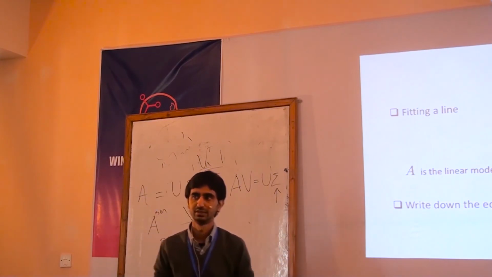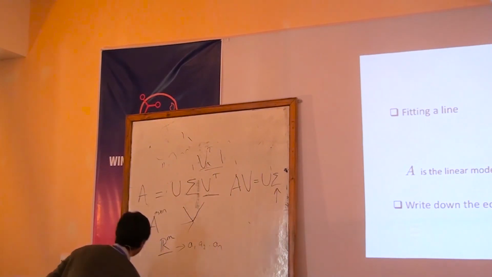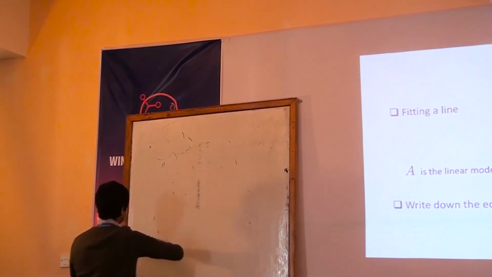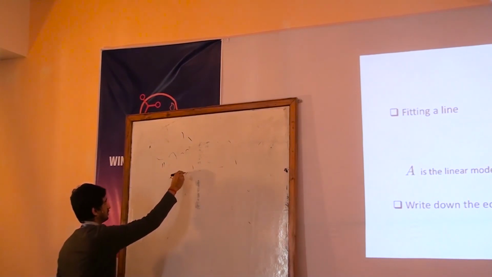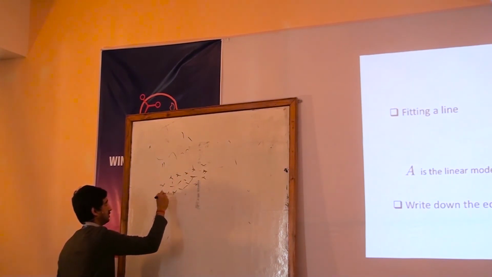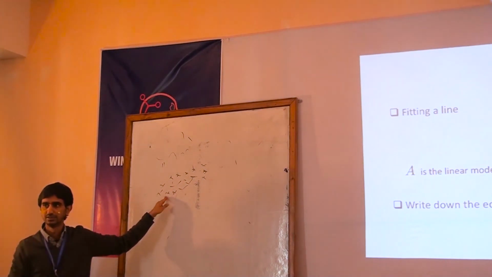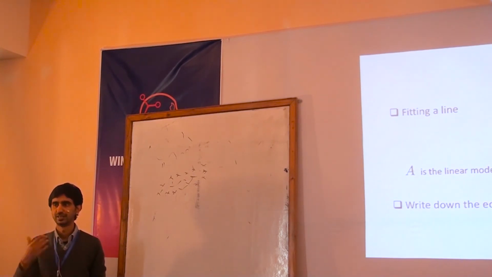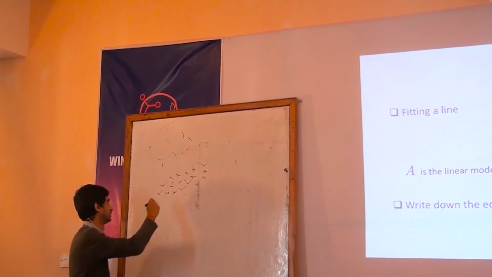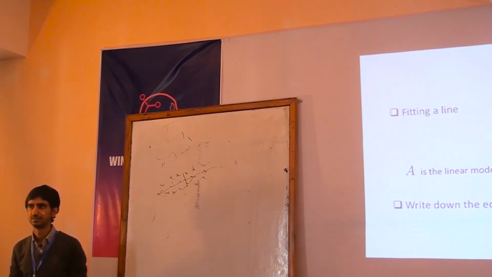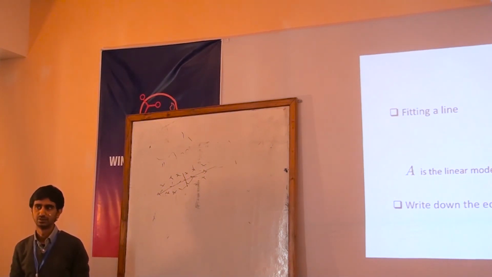And you can also look at it as, if you have data points, let's say these are data points in R3, you put the data points in a matrix and you do SVD. What it gives you is a set of orthogonal vectors along which you have maximum variance, right?